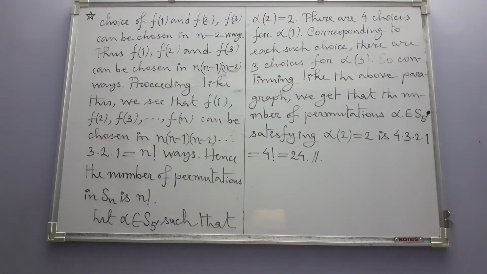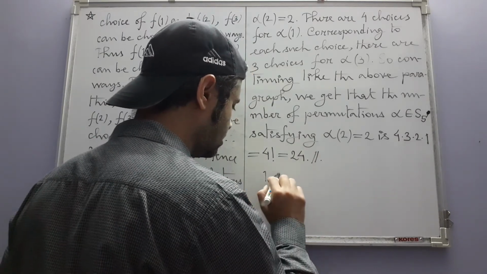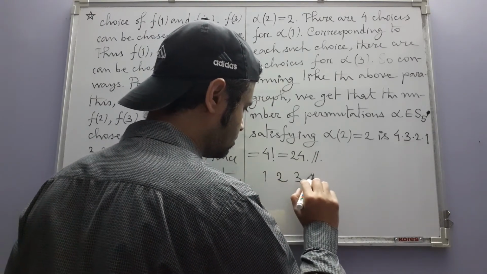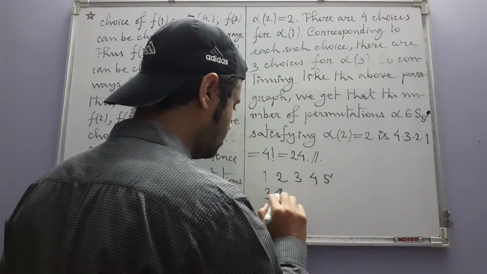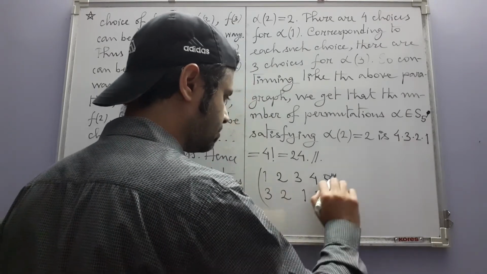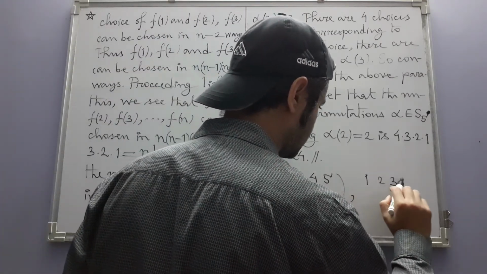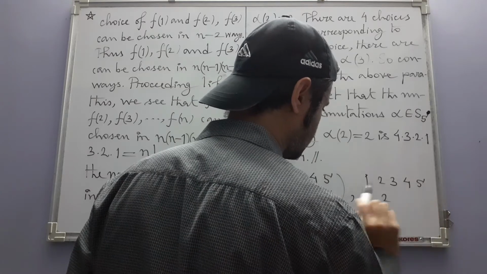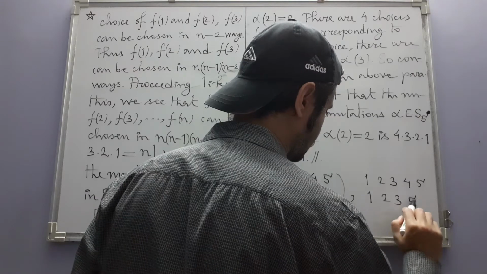Okay. If you want an example of this type of permutations, you can clearly see that, for example, 3 2 1 5 4 and 1 3 5 4 are 2 such permutations.